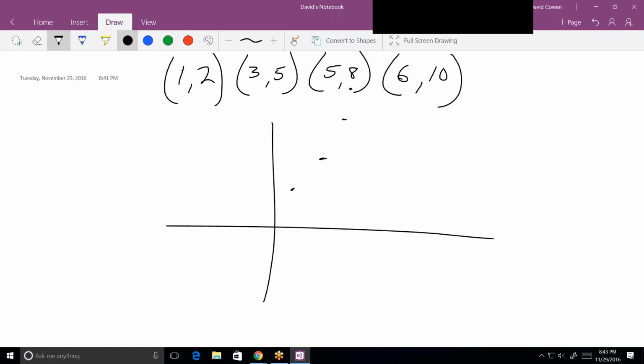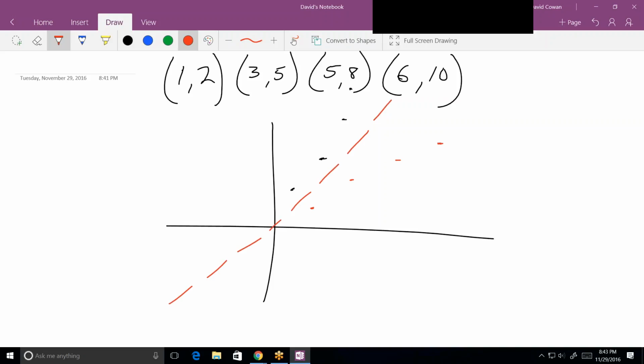Okay? So if I want the inverse of this function, in other words, if I want to reflect those series of dots about that line, what happens? Well, this dot becomes there, this dot becomes there, this dot becomes there, and this dot becomes about there.